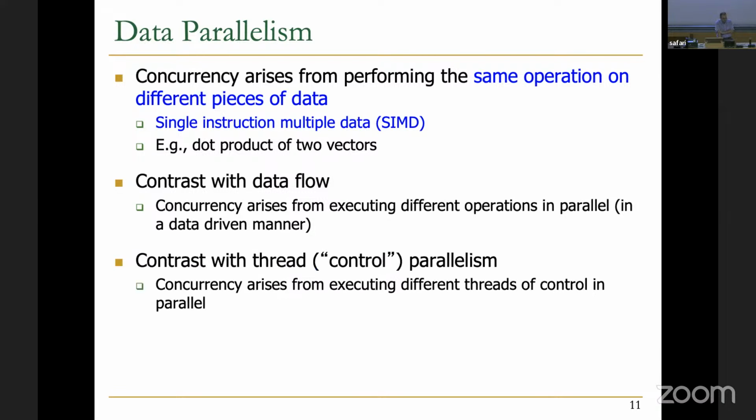We also want to contrast it with thread parallelism. With thread parallelism, concurrency arises from executing different threads of control in parallel. You have an application, and this application can have many threads, and those threads might not do the same thing, but you're benefiting from multithreaded execution.